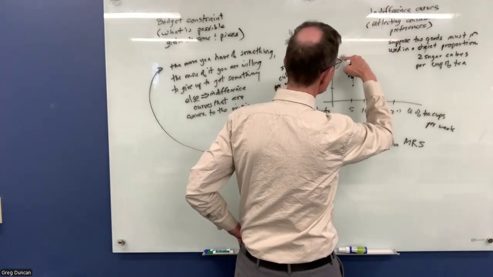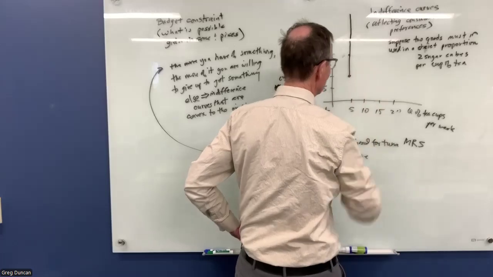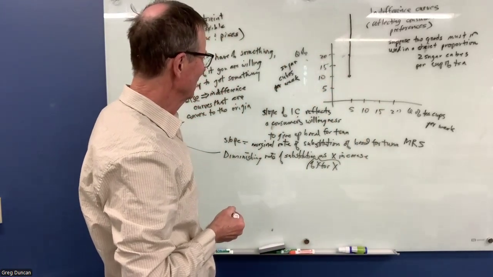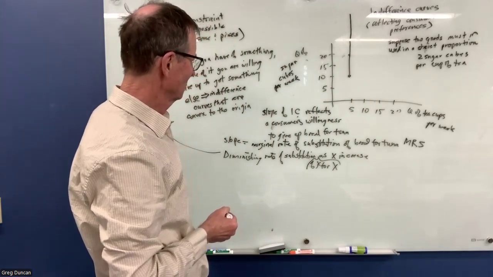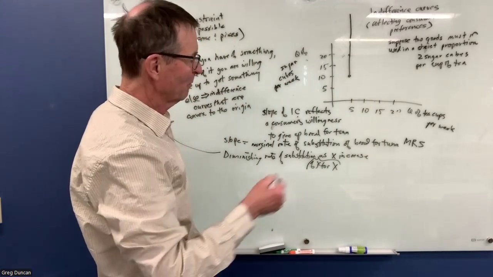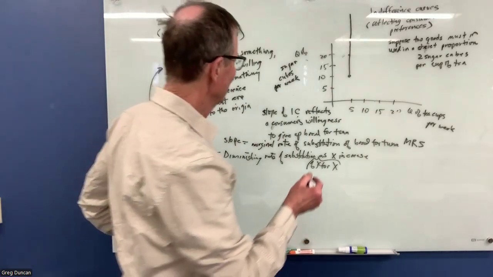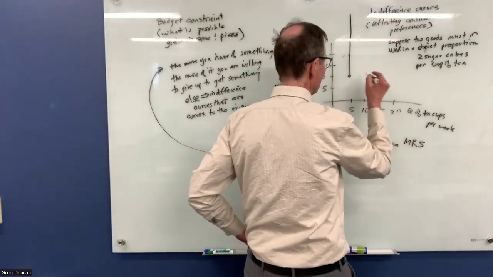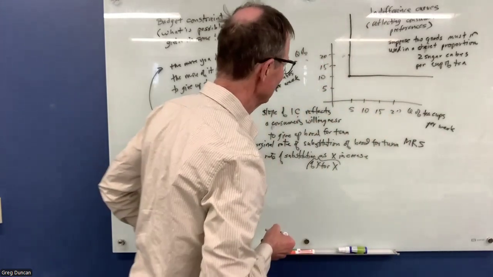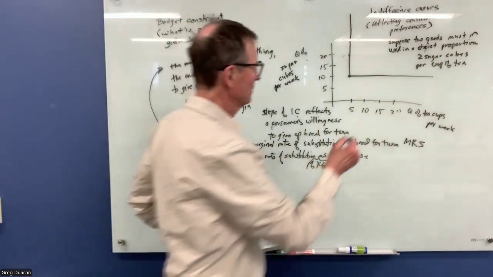So this is going to go all the way up here. And by the same token, if they have to be used in strict combination, if I've got 10 sugar cubes per week, and you offer me 10 cups of tea, I'm going to throw 5 cups of tea away because I need this 2-to-1 proportion. So that's going to give a kind of a right angle to the indifference curve.